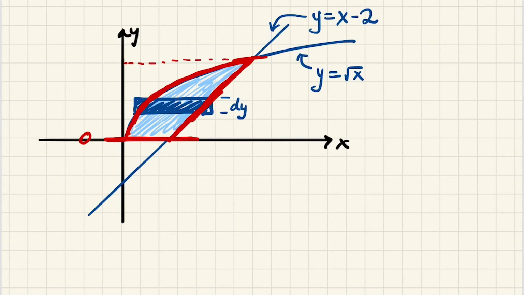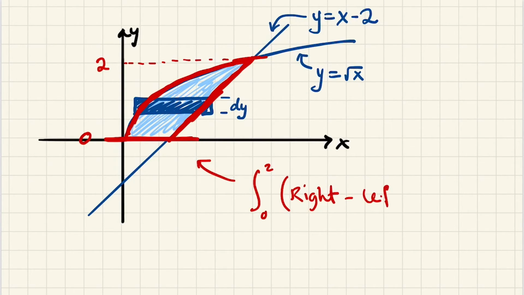As it turns out, that number is just 2. So here, we would integrate from 0 to 2, kind of the rightmost function minus the leftmost function dy. Okay, and that would work out to whatever the right answer is. We got 10/3 when we did it earlier. Okay, so we are going to redo this example the better way, but first, let's just quickly establish this principle in general.